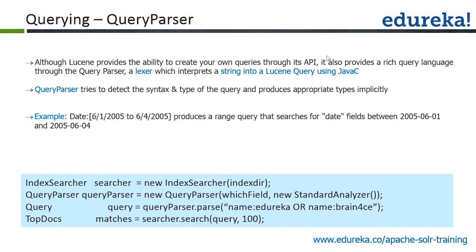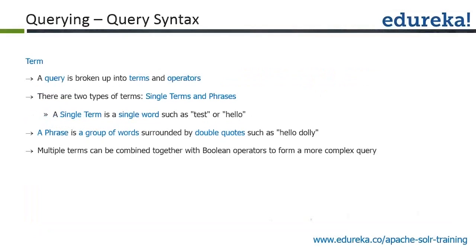This is how the Boolean query is done using the query parser. We'll see different variations of query parser.